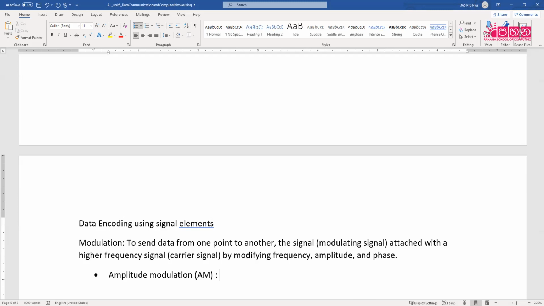So we can say the amplitude, that means the height, of the carrier signal varies according to the amplitude of the modulating signal.